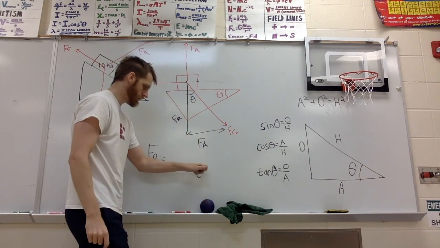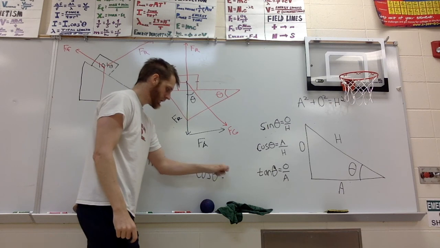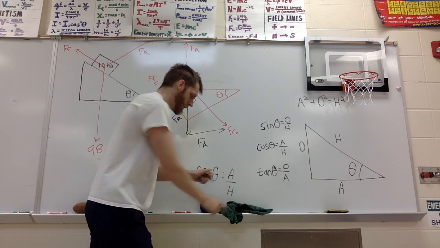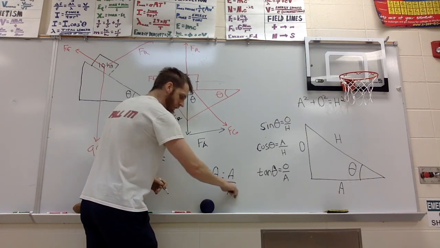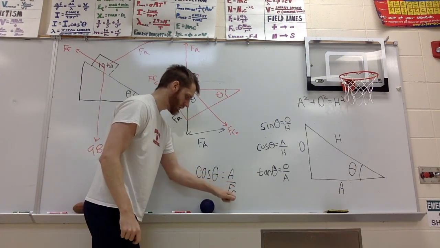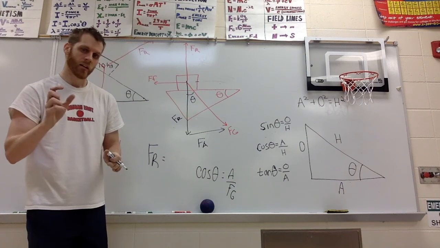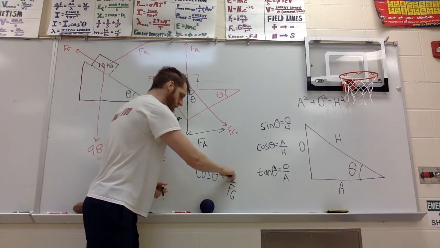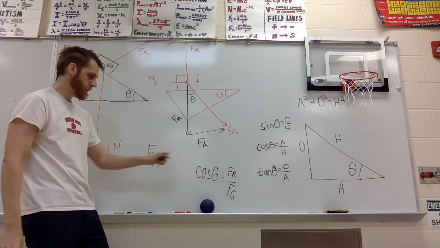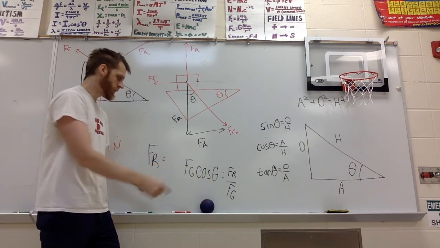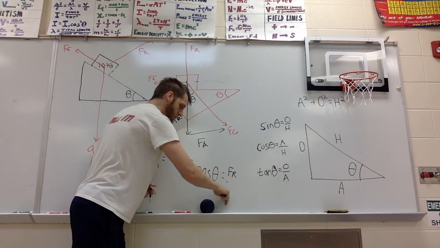So I'm going to use cosine of angle equals adjacent over hypotenuse. Do my little substitution here. The hypotenuse is gravity, that's the force of gravity. And the adjacent side is my reaction force. So multiply both sides by force of gravity, and force of gravity times cosine of angle is reaction force.